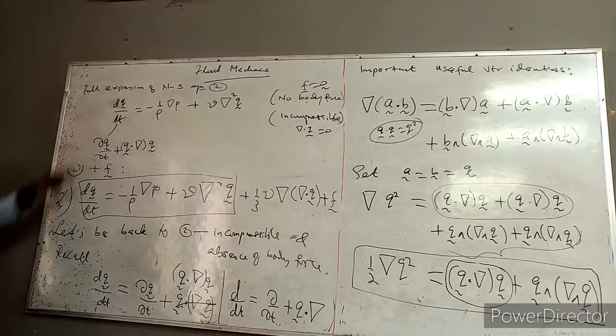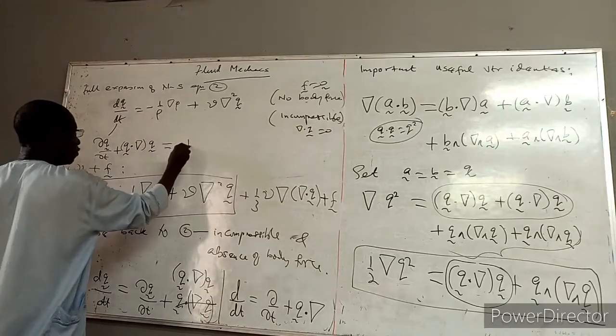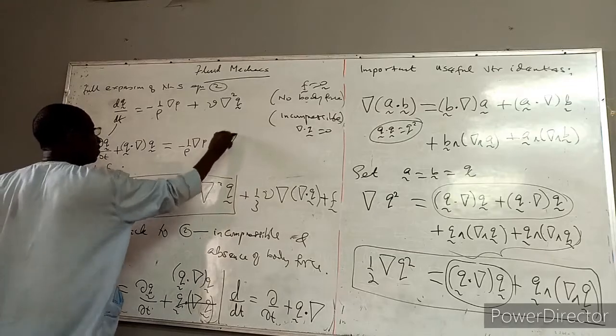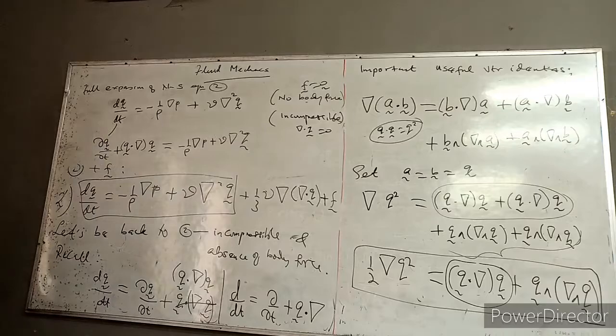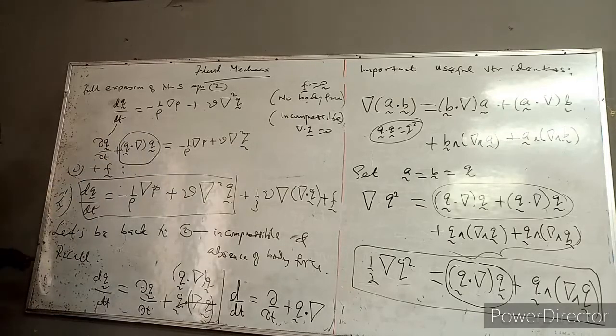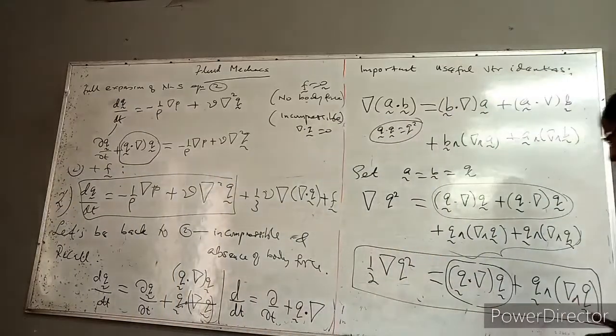That's the only thing I substitute for. So this now gives me minus 1 over rho grad p plus mu del squared q. Hope this is clear. Now I intend to substitute for this. I want to use this expression to substitute for that.